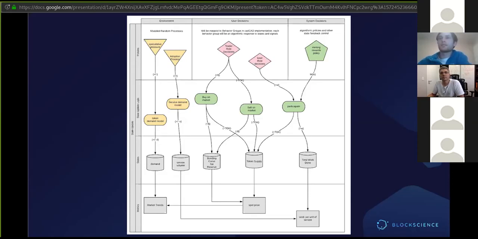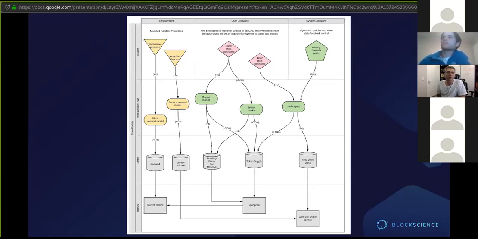Yeah, these diagrams are great. What tool do you use to draw them? We're using Lucidchart internally at Block.Science, but again, it can be done with most of the tools out there. I've seen some interesting work with Miro, I think.